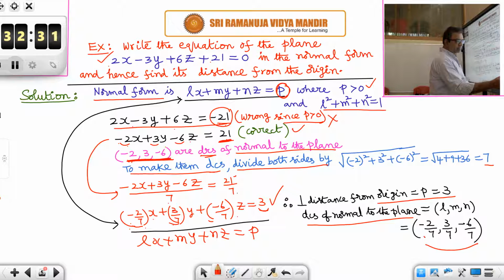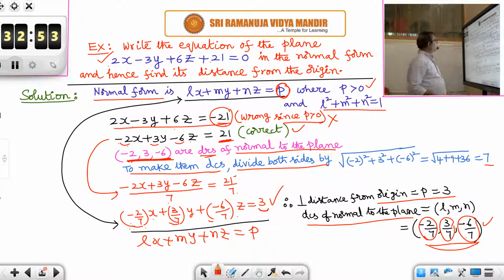That means minus 2 by 7 i plus 3 by 7 j minus 6 by 7 k is a unit vector from the origin towards the plane, perpendicular to the plane. Okay. It is a unit vector. If you square these and add, you will get 1. Okay. Let us see the next one.